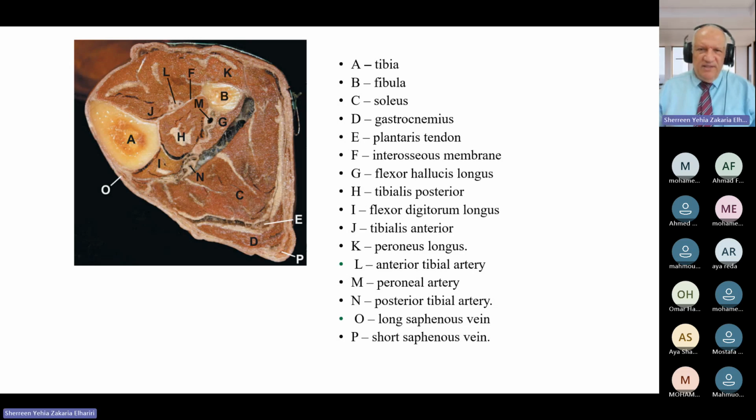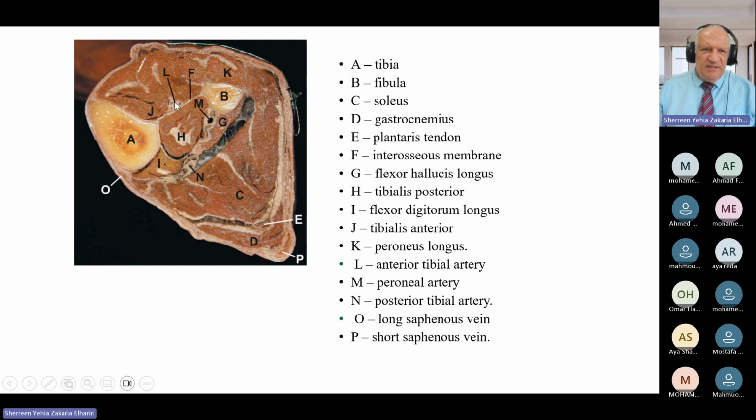G, in the back, is flexor hallucis longus. H, it is posterior, so it is tibialis posterior. I is flexor digitorum longus. J, it is anterior, so this is tibialis anterior. L is the anterior tibial vessels.